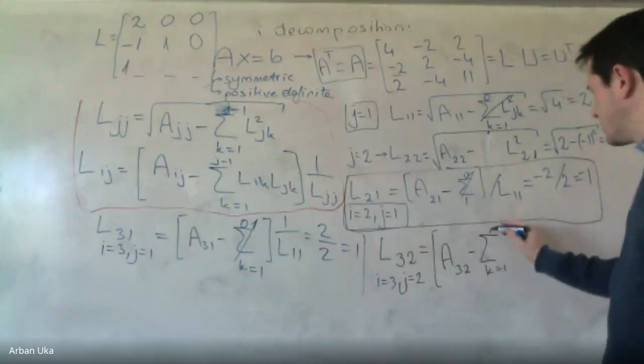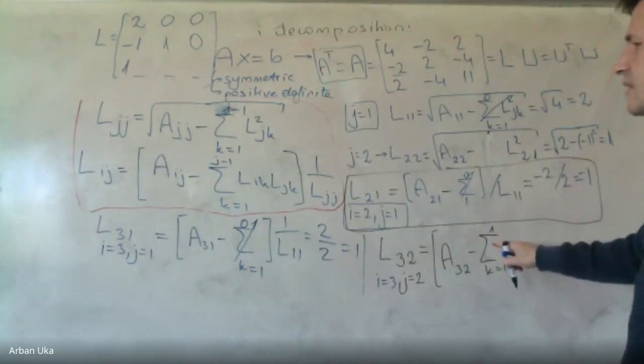J is 2, minus 1 is 1. So actually we have only one term here. We don't have to sum up too many.